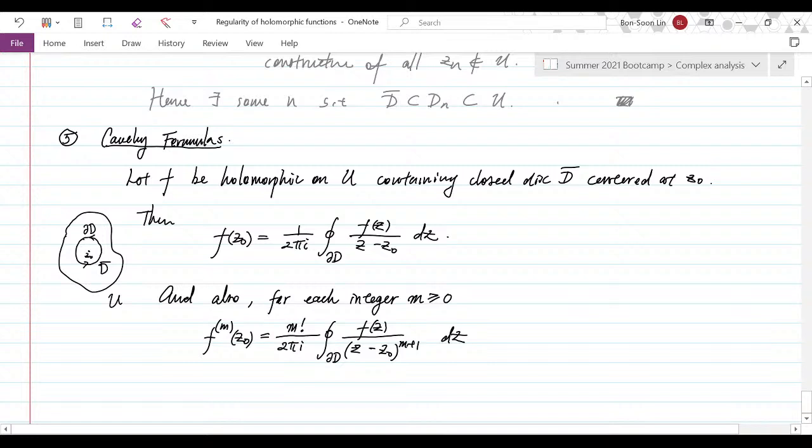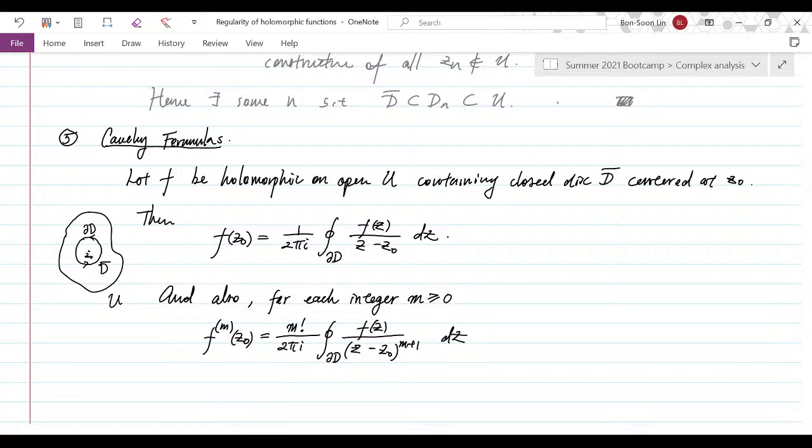Now, this condition is very easily satisfied because if you're holomorphic on some open set, let's just make U open, no big deal, then each point is an interior point, so it's contained inside some open ball, and that open ball has a smaller open ball whose closure is in U. So this is very general, right? It's very easy to find a closed disk in the open set, at least in the plane.